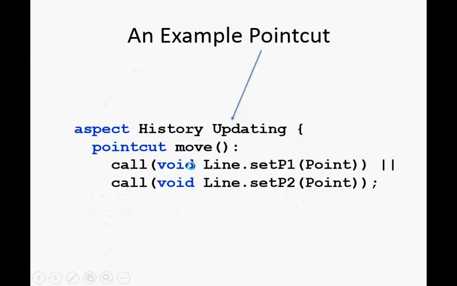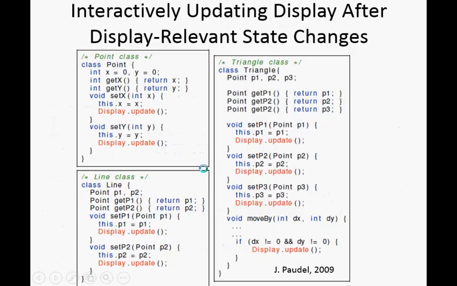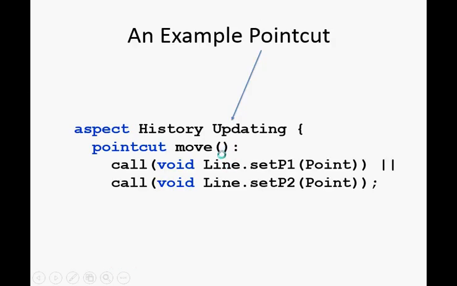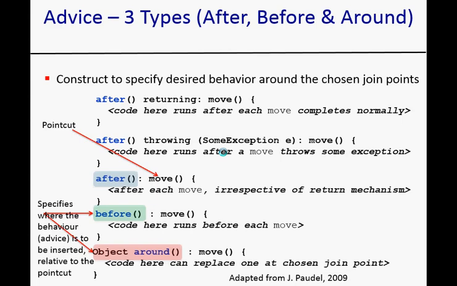So if we have a point cut called move here, which doesn't have any information that it's collecting data on, we can have things that are just after the move, just before the move, or in fact around the move.